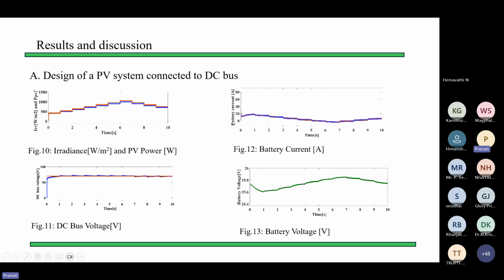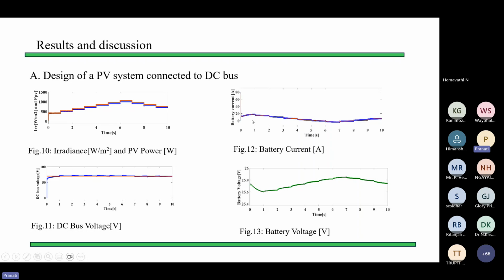Then battery current. Battery current also, see, when our irradiance is 1000 watt per meter square, then our battery will go on charging. Okay. When it charges, see near this 1000 watt per meter square, when the battery charges, battery current will go as negative.